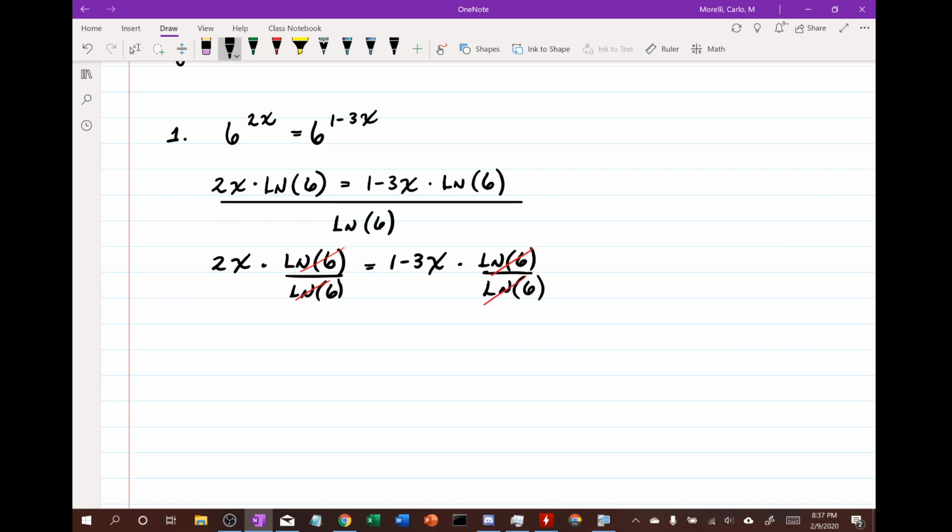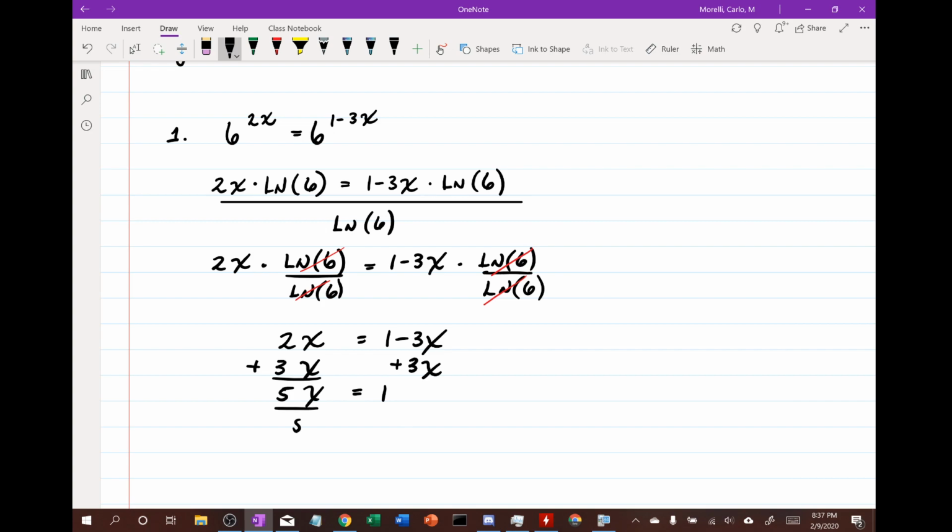So all I'm left with is 2x equals 1 minus 3x. And we can solve for x now. We'll just add 3x to both sides. And I'll have 5x equals 1.